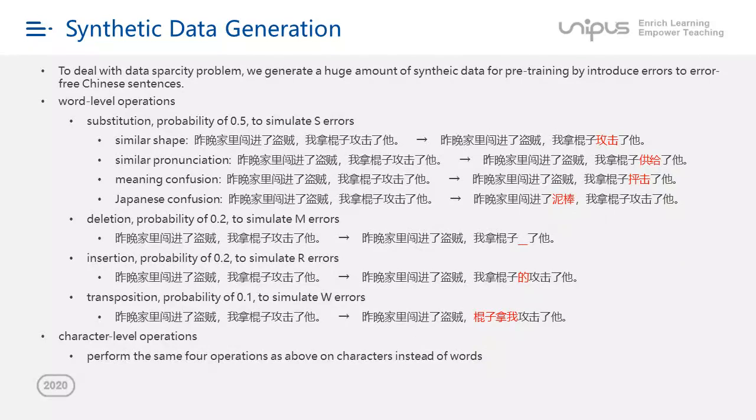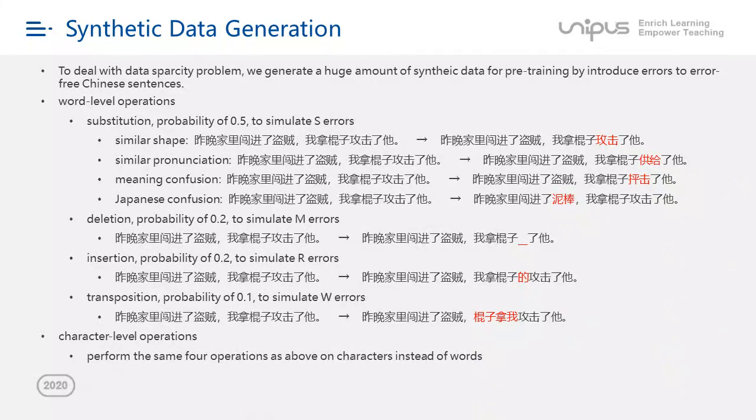Take word-level operations as an example. Word-level operations, including substitution, deletion, insertion, and transposition, are performed with distinct probabilities, which simulates the proportions of S, M, R, and W errors in the CGED dataset.